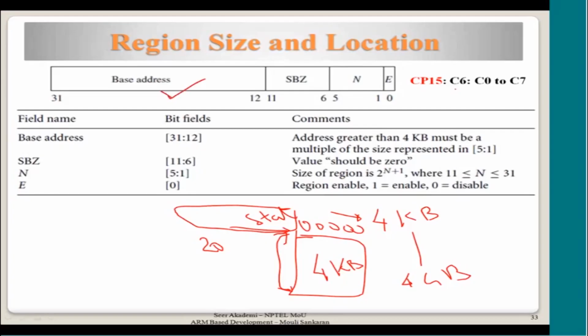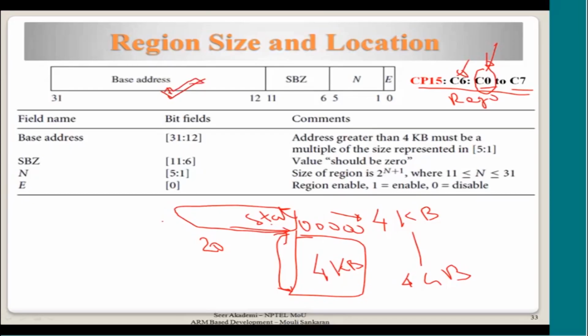What I am showing is a CP15 C6 register. Either it could be C0 or up to C7, based on which region they are trying to program. For example, if you are programming region 0, then the C0 register under C6 of CP15 will be used, and its value will be based on the region size.